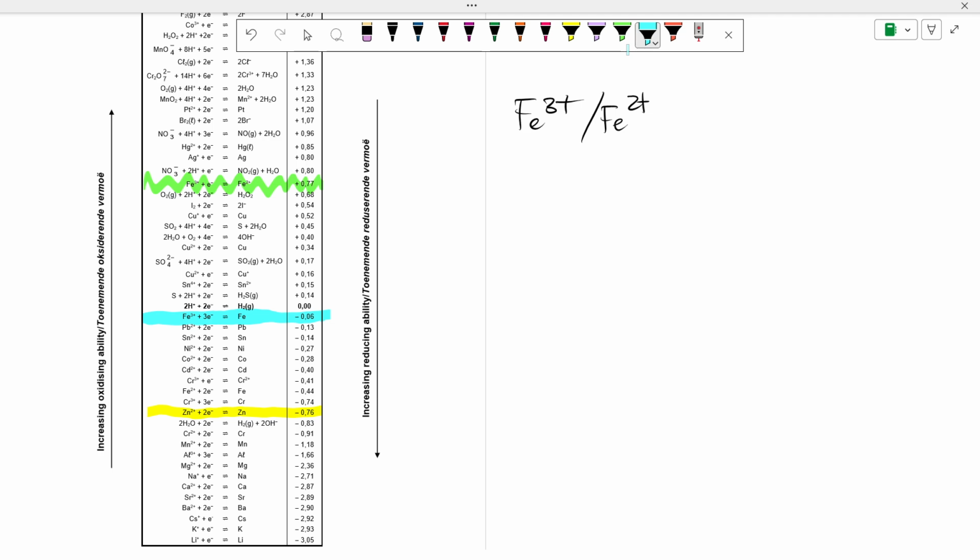So if we write the half reaction, tell me which one is going to be a reduction between the two. Are you not sure?